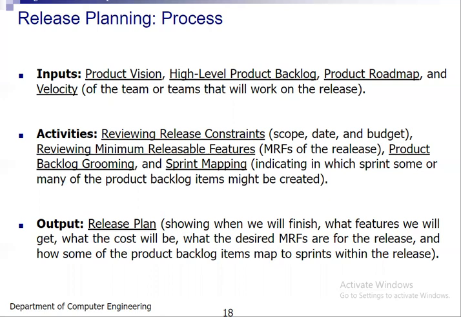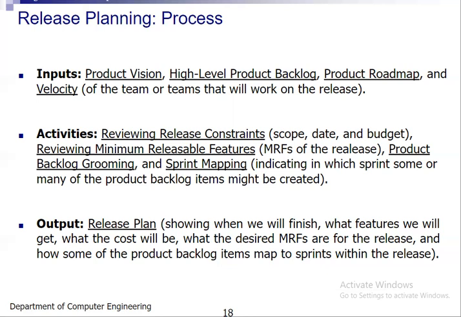And sprint mapping, indicating in which sprint some or many of the product backlog items might be created. And the output will of course be the release plan, which will show when we will finish, what features we will get, what the cost will be, what the desired MRFs are for the release, and how some of the product backlog items map to sprints within the release, right?